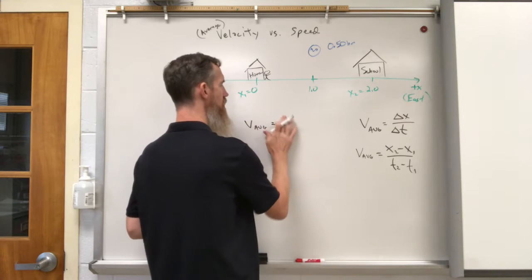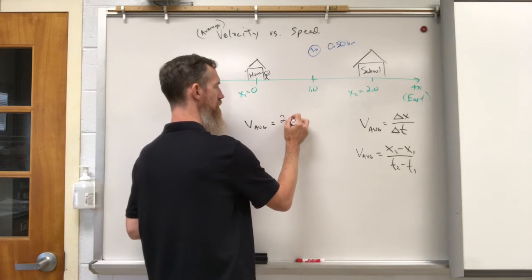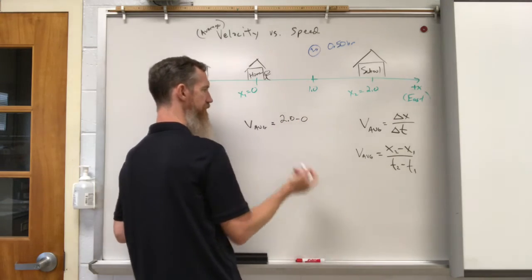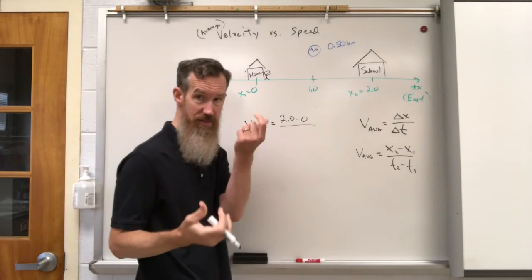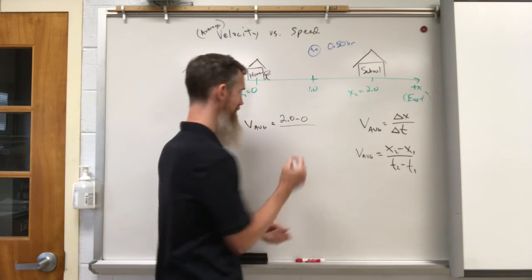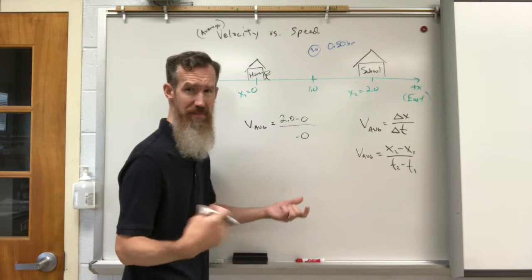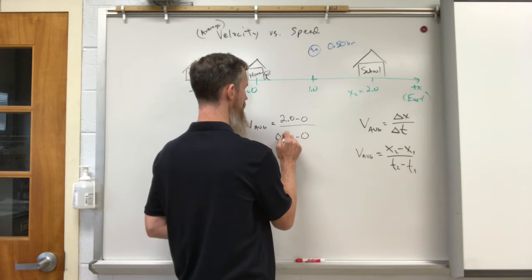So my final position is 2.0, again, sig figs. My initial position is 0. My time. Well, typically, when we start a timer, we start talking about a stopwatch. We start at time 0. The clock is zeroed when we begin timing something. And let's say it took us a half an hour, so 0.50.